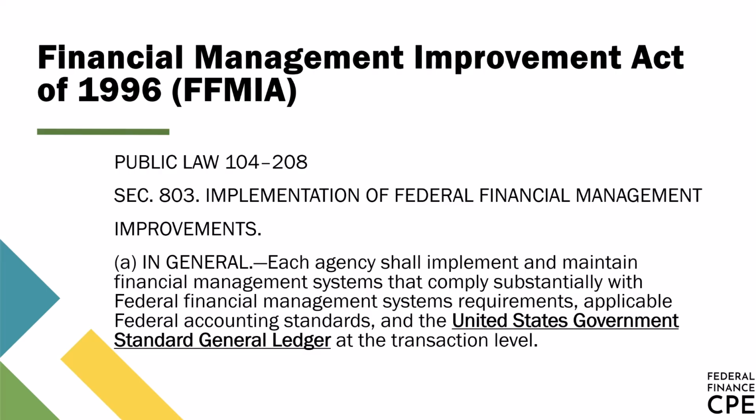The purpose of FFMIA was really to provide some consistency in accounting by federal agencies from one fiscal year to the next, and for a uniform accounting standard to be used throughout the federal government. It did require federal financial management systems to enable full disclosure of financial data, which increases accountability and the credibility of federal financial management, and it builds upon the CFO Act of 1990.